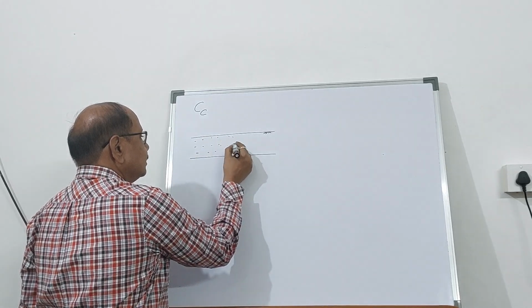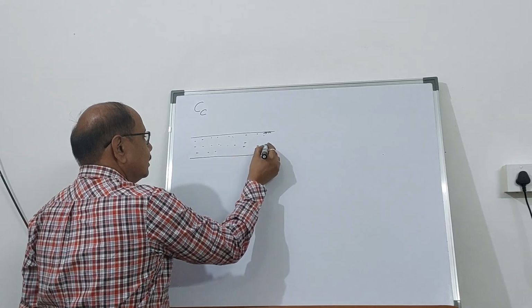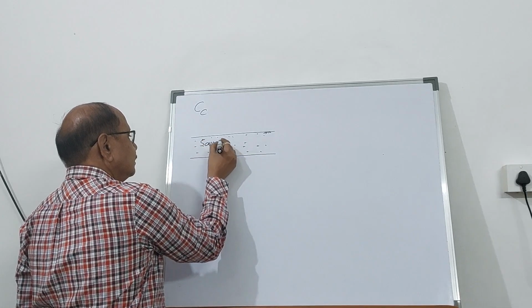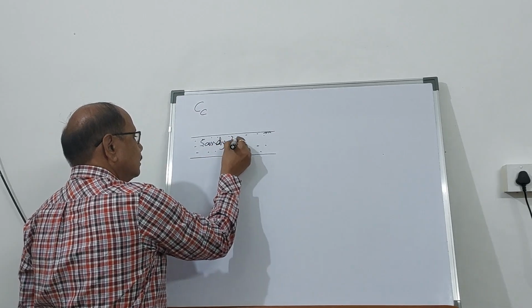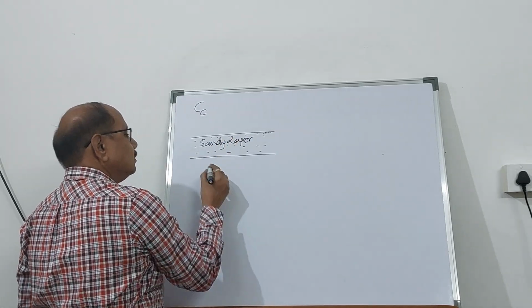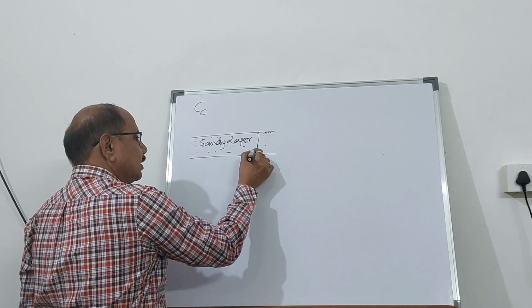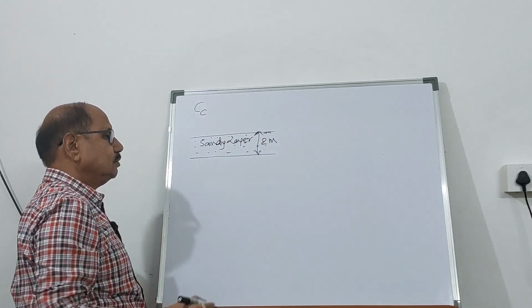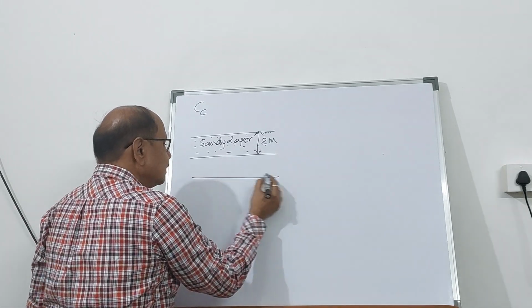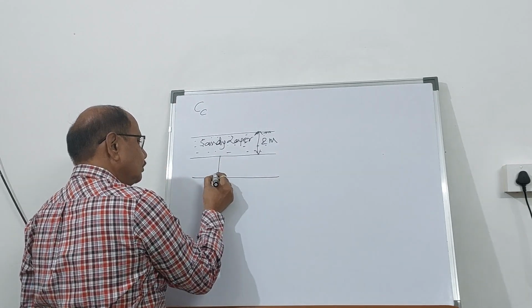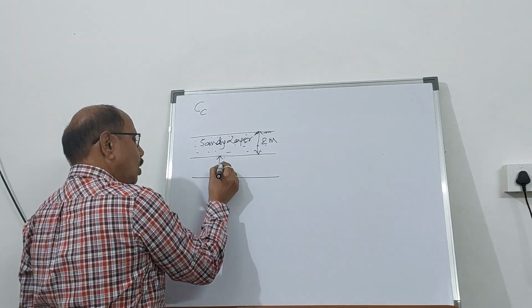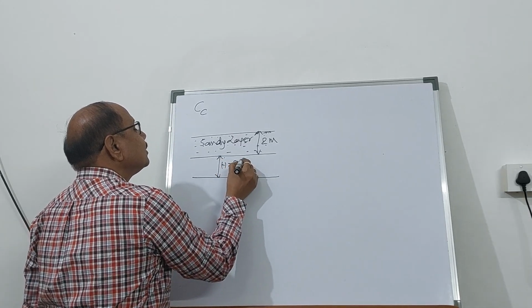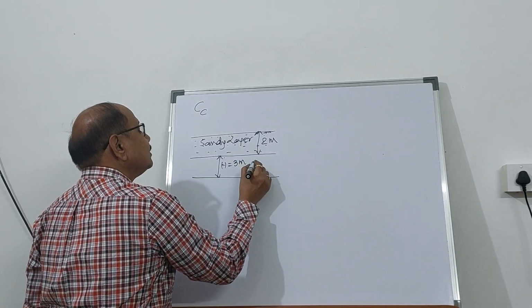a sandy layer of thickness 2 meter, followed by a clay layer of thickness 3 meter, which is fully saturated.